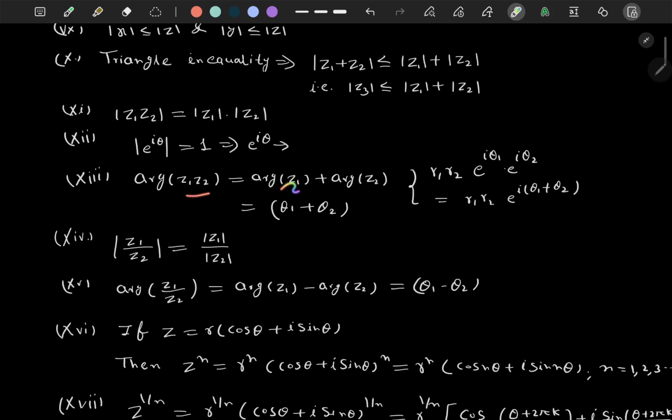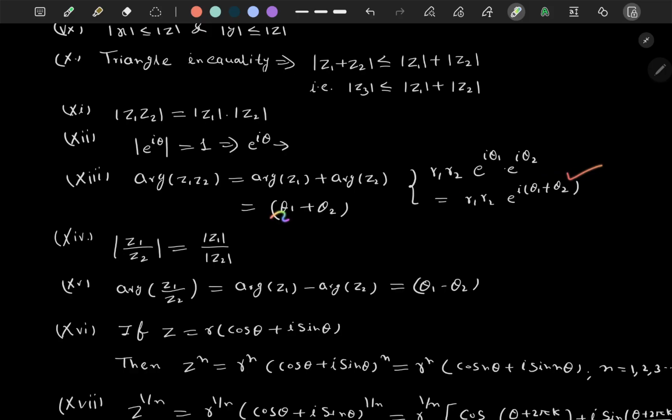Now the argument of z1 z2 will always be equal to the argument of z1 plus the argument of z2, that is theta 1 plus theta 2. Remember it. From where is it coming? Here. Use this formula. Don't use x plus iota y to solve this. We will use r e raised to the power iota theta in order to determine z1 by z2, z1 dot z2, etc. So what will be z1 dot z2? r1 r2 e raised to the power iota theta 1 plus theta 2.